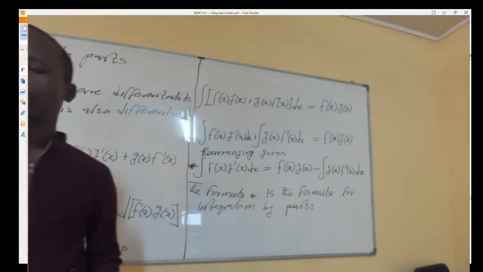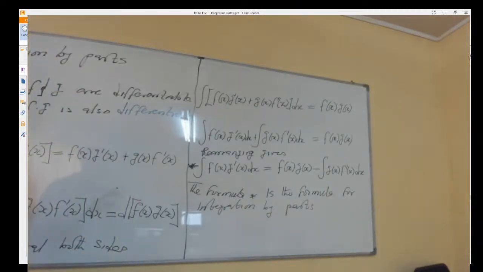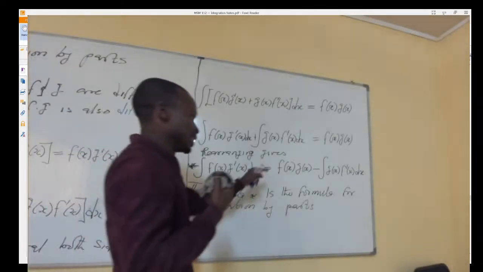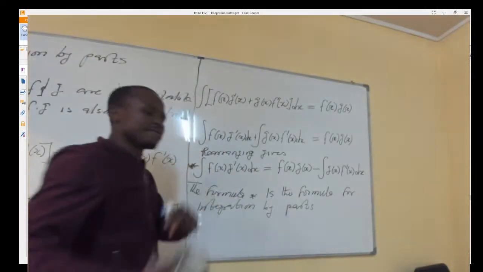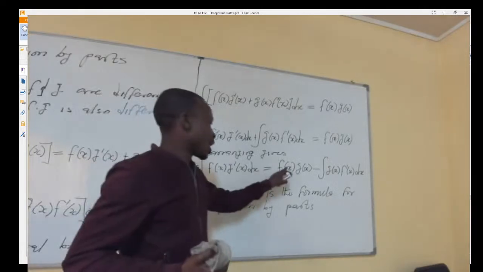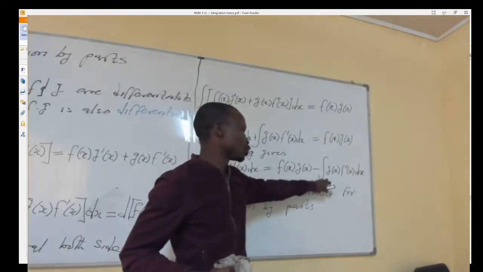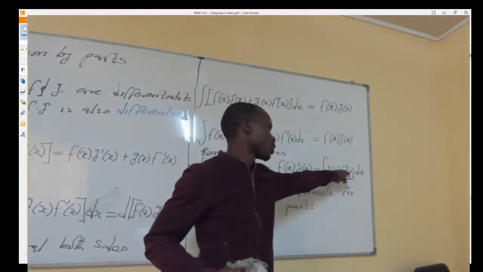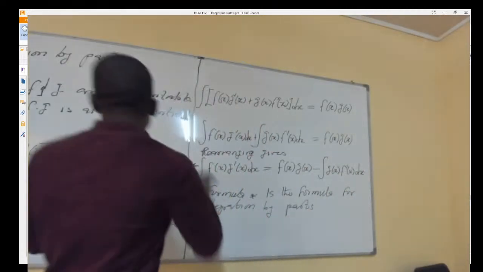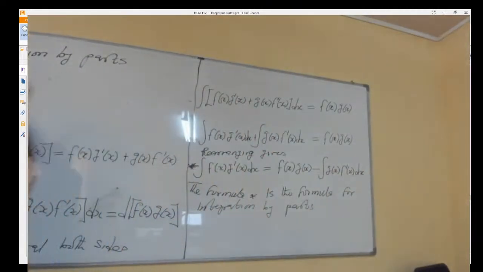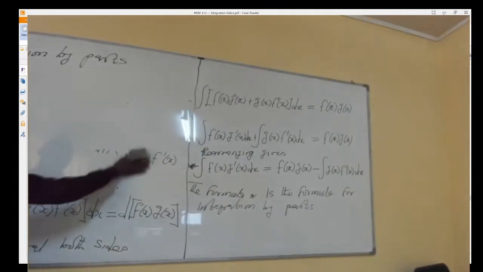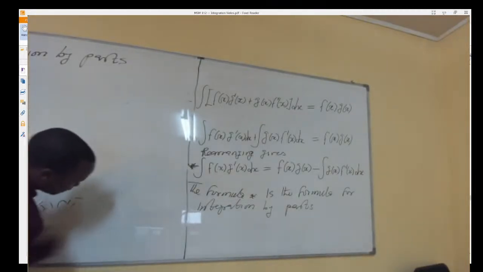Now, let's look at this formula. If we don't want to put it in this form, where you have the function f of x, g prime of x, f of x times g of x minus the integral of g of x, f prime of x dx, we can substitute those by letters such as u and v.